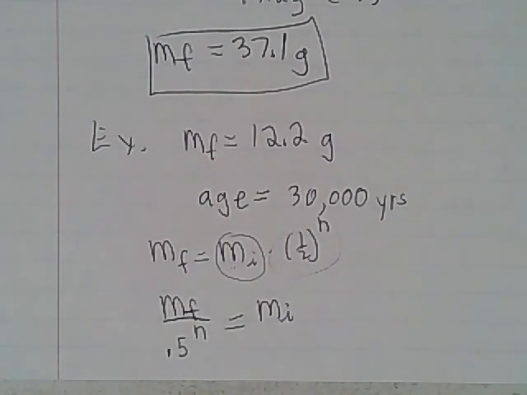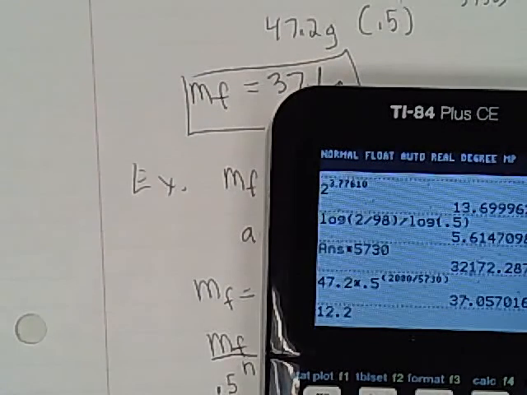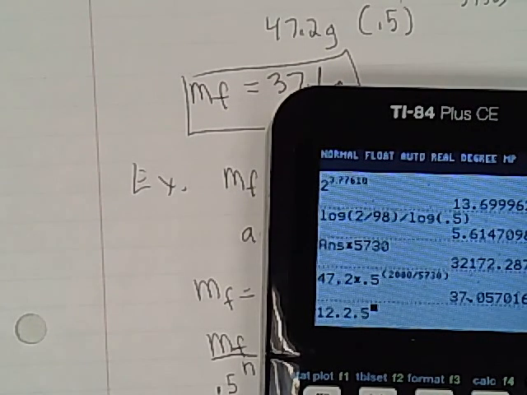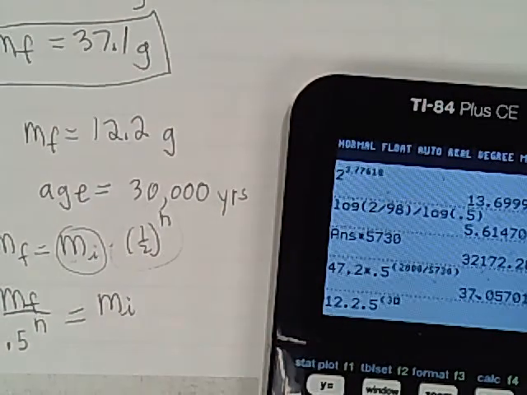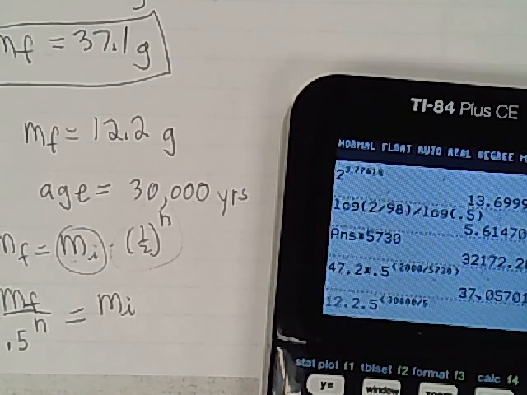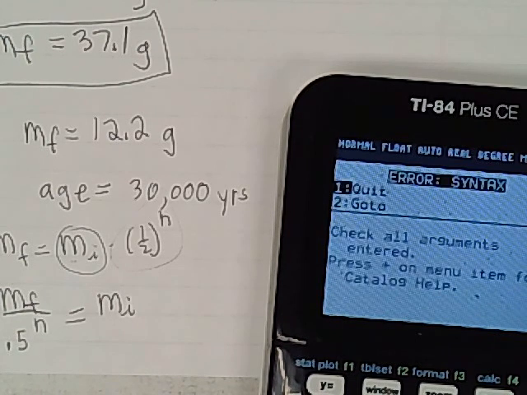So on my calculator, I would go 12.2 divided by 0.5 raised to the open parentheses 30,000 divided by 5,730 close parentheses, enter, and it says quit.